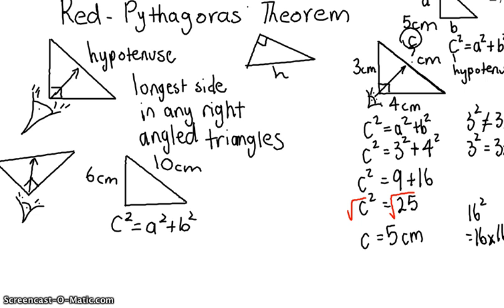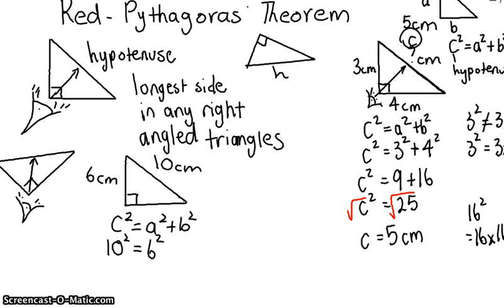What is C, Ellen, on this occasion? Have a look. C is our hypotenuse. Hypotenuse is our longest side. Excellent, good correction. 10 centimetres is our hypotenuse. And what's our A? Could be 6, absolutely, 6 centimetres.